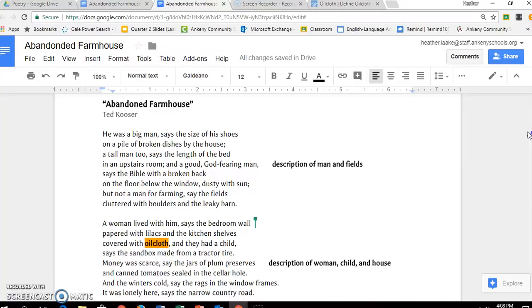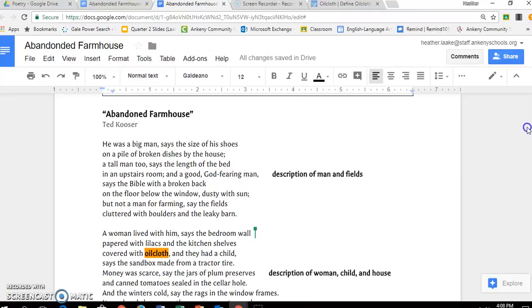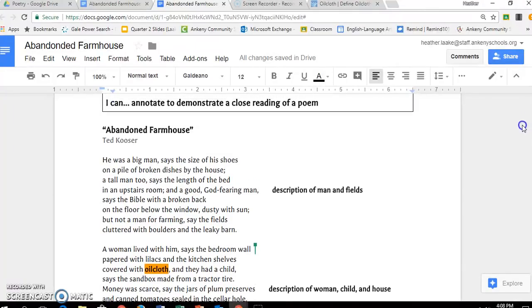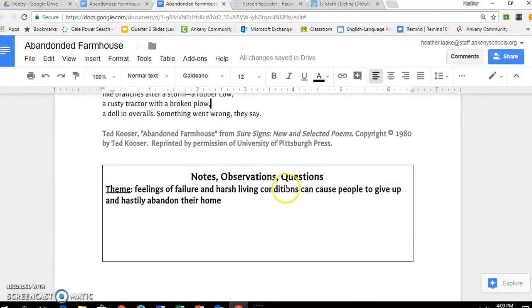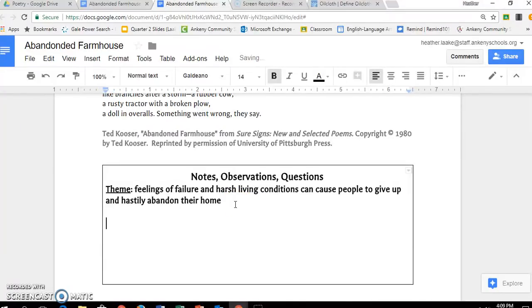Okay, step 4 says consider the tone and then who is speaking. So tone is the speaker's attitude towards the subject of the poem. So here for the speaker, go down to the notes part of your page. Speaker, it's an unknown narrator.